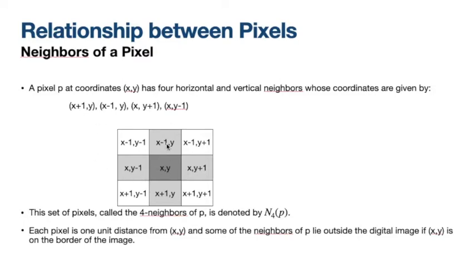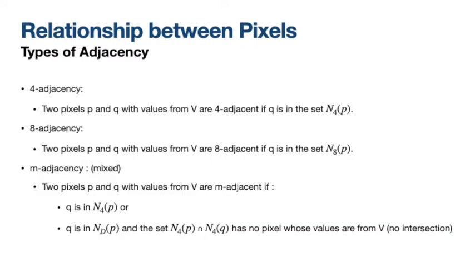When the 4 neighbors of p and 4 neighbors of q are taken and we perform intersection, there will not be any pixels whose values are from v. That means there is no intersection possible. Okay, then it is M adjacent.